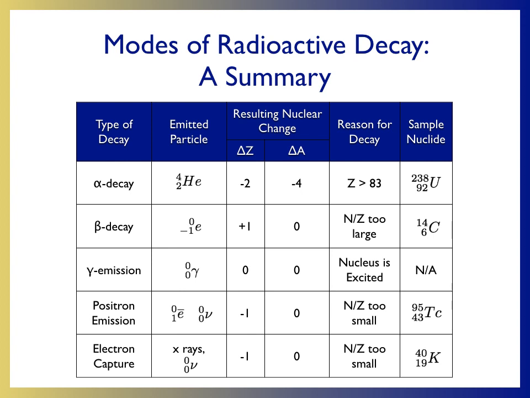We also talked about gamma emission, which occurs when a nucleus is in an excited state. When a nucleus undergoes gamma emission, it gives off a high energy gamma photon. You do not need to worry about predicting whether or not gamma emission occurs.